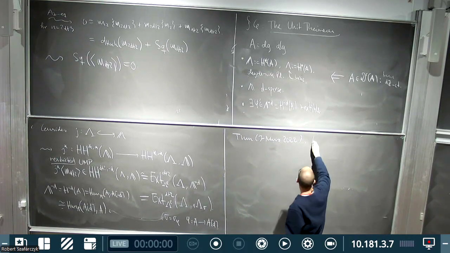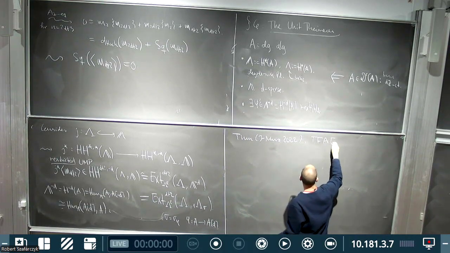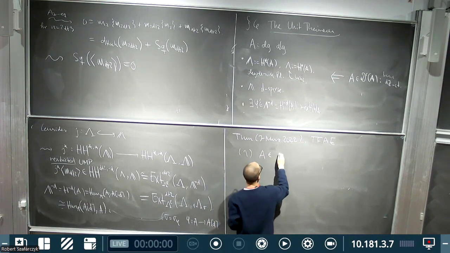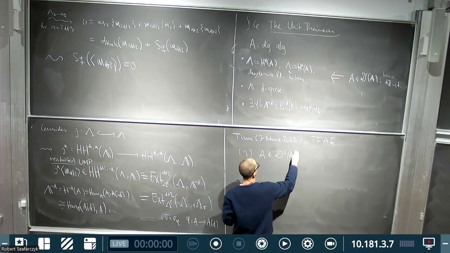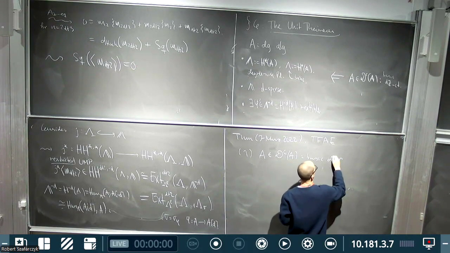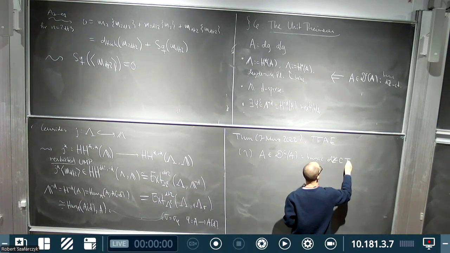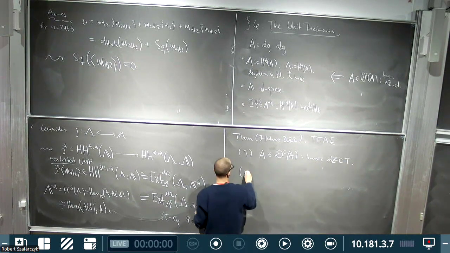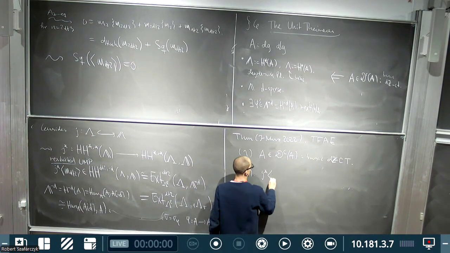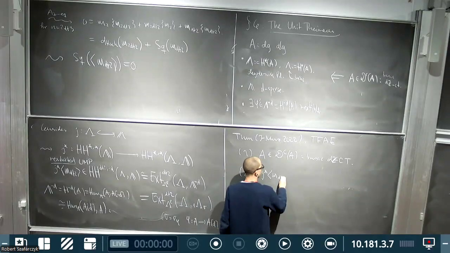Everything as above, the following are equivalent. 1, A in the perfect derived category of A is basic DZ cluster tilting. This is equivalent to this class.